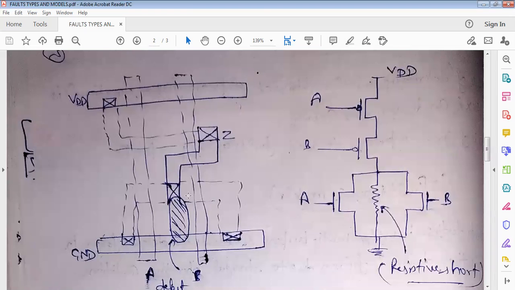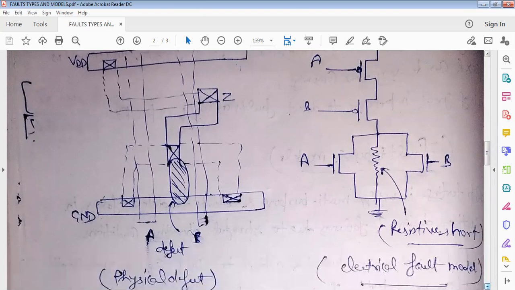This defect can be modeled in the electrical fault model. It can easily be seen that this physical fault leads to this electrical fault, which means a resistor is coming here.